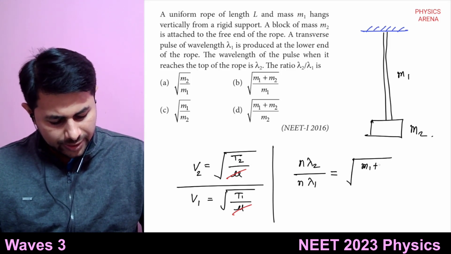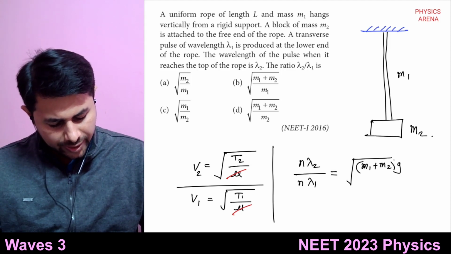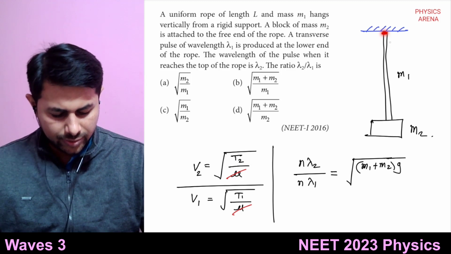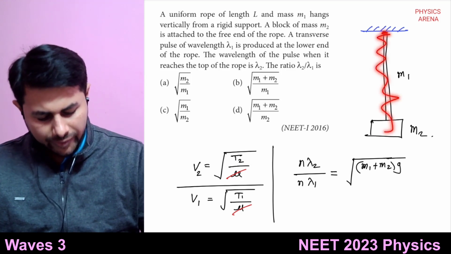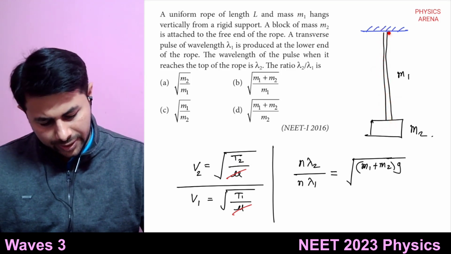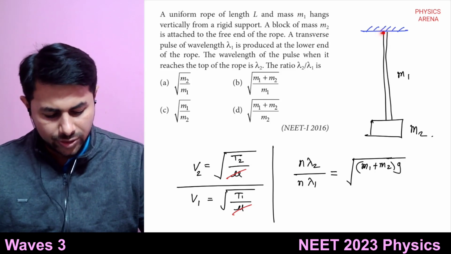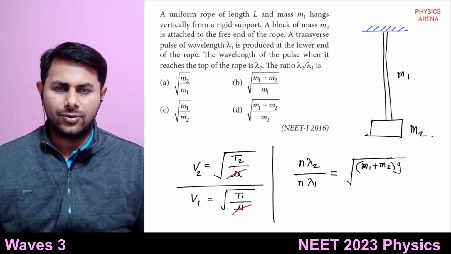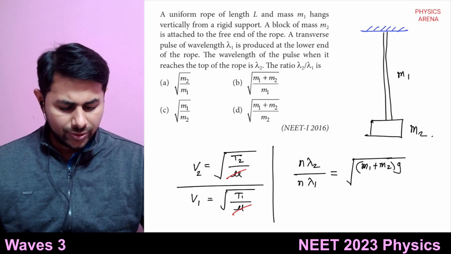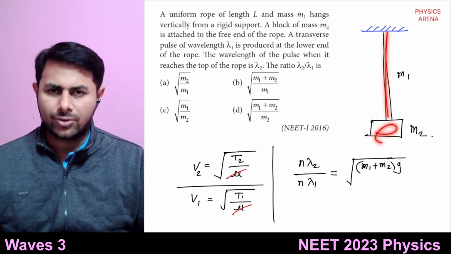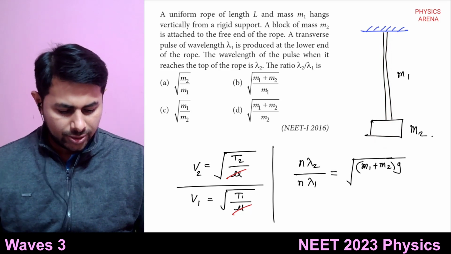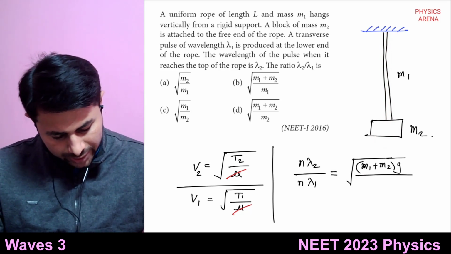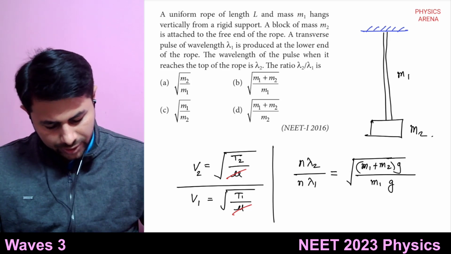It is m1 plus m2 multiplied by g, because when the wave reaches the top, the string has to support its own mass and this mass. So tension will be the total weight, m1 plus m2 into g, and in the denominator you will have m2 into g.